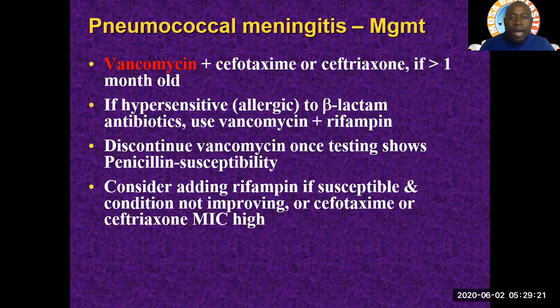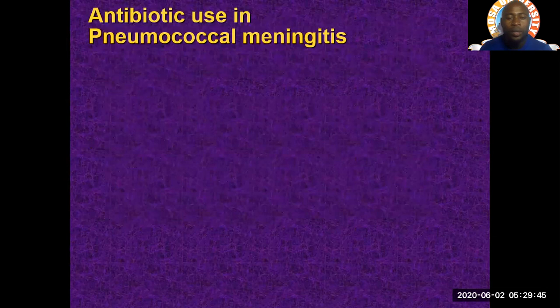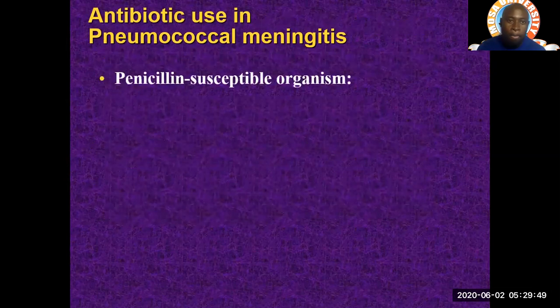You also consider adding rifampin if the organism is susceptible and the condition is not improving on cefotaxime or ceftriaxone. So the only time we put rifampin in is if there is no improvement after treating with cefotaxime and ceftriaxone. What you should know is that we cannot give vancomycin alone.